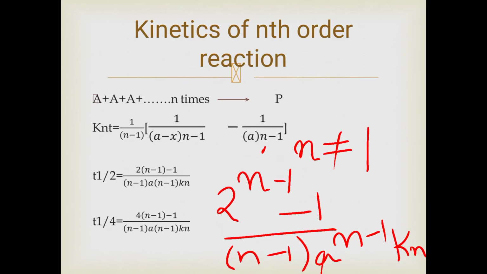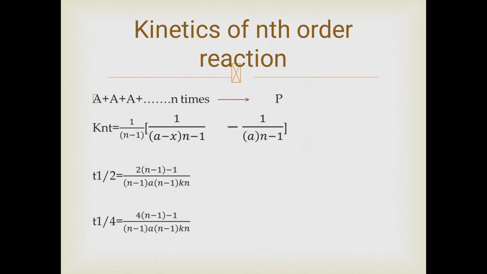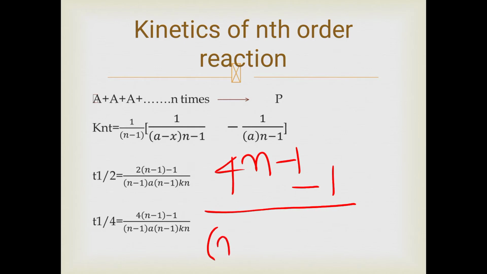Your n is the order for which you are finding the equation. Similarly, for T half, the formula is 2 raised to n minus 1 minus 1 divided by n minus 1, A raised to n minus 1, Kn.